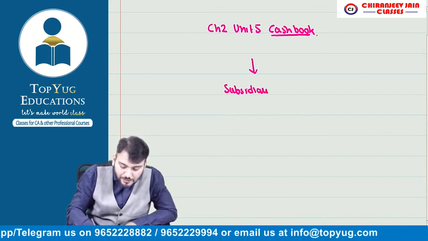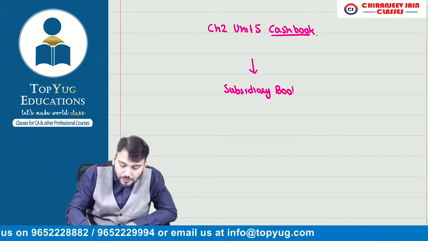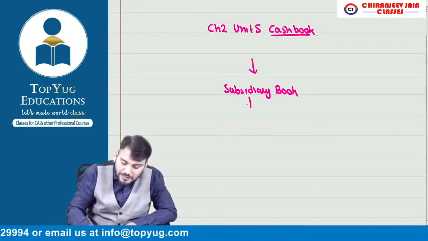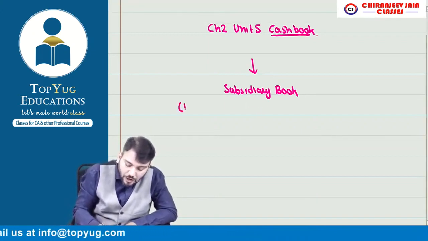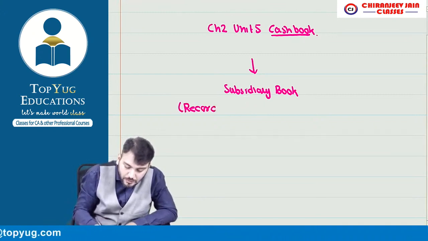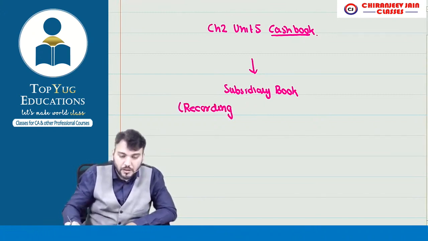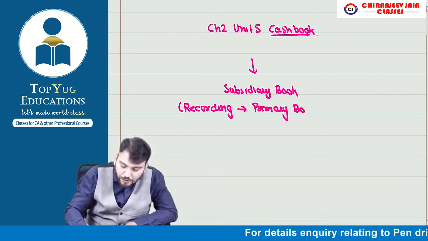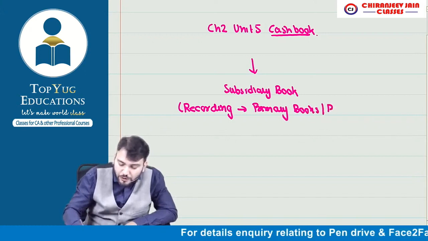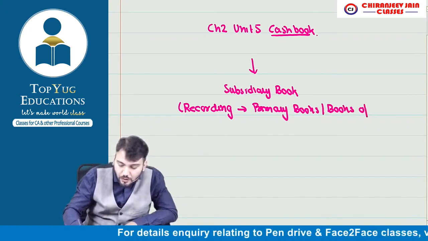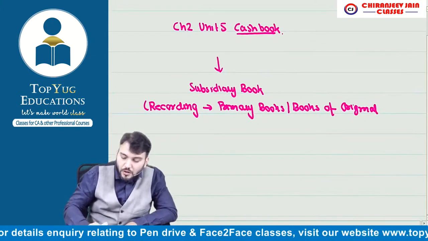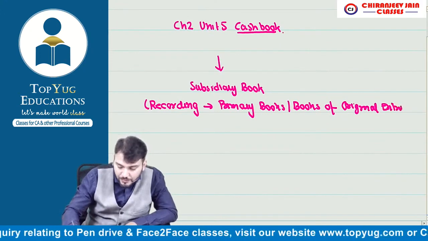In a subsidiary book we do recording, and therefore it is a primary book, or we can say a book of original entry. Understood?